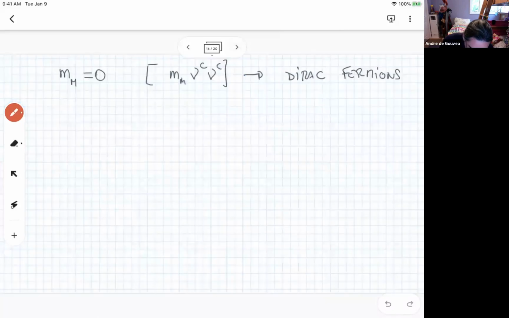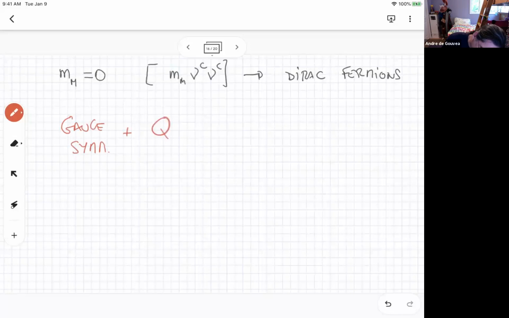Now, the point that I want to emphasize is that if I do exactly the same thing again, so if I say, here's my gauge symmetry, here's my particle field content, except that now I add a right-handed neutrino, so let me put the C's here, and then I say renormalizable Lagrangian.